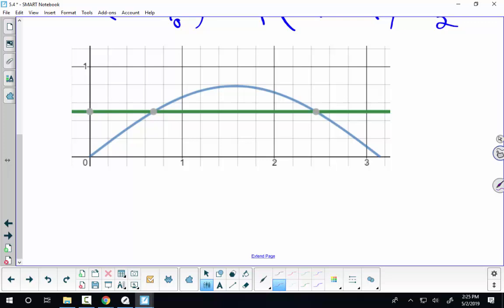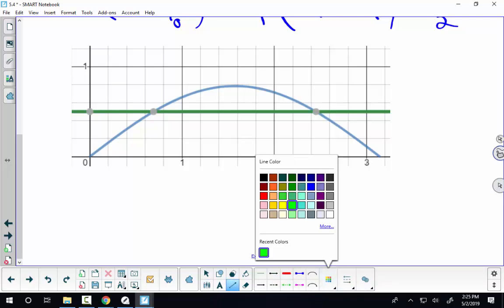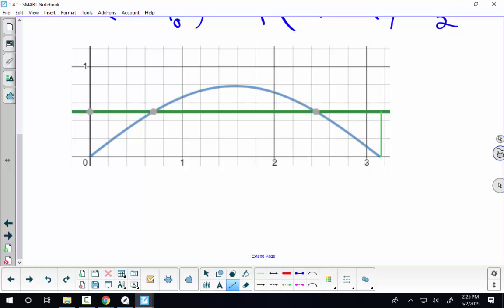So if we take this rectangle from 0 to pi, so there's our length. The length of the rectangle is pi, and the height is 1/2. Computing the area of that rectangle gives the area underneath the function from 0 to pi.